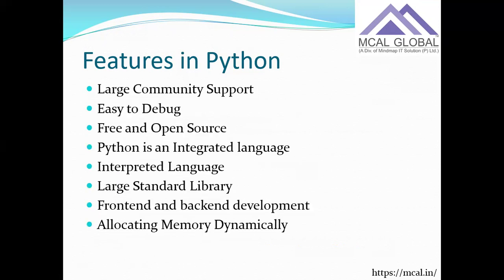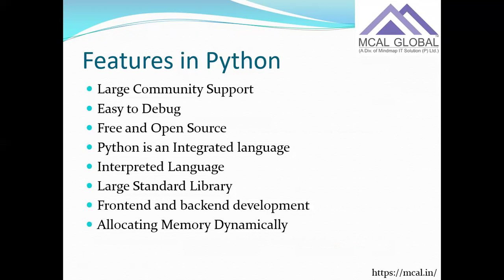And in the same way, it is also talking about large community support, easy to debug, free and open source, integrated language and interpreted language, large standard libraries, and front-end and back-end development can be done with the help of this one, and allocating memory dynamically.